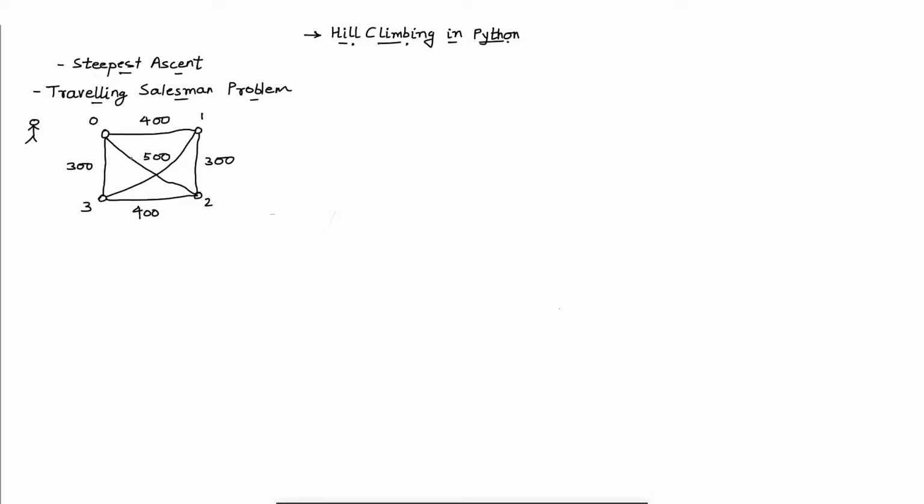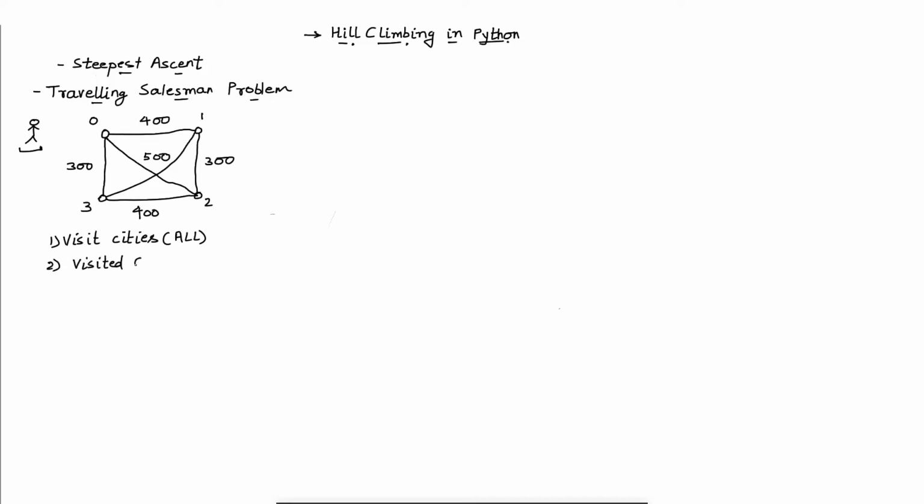What the salesman has to do is two things. First, visit all the cities, and remember that you cannot leave any city. The second important constraint is that every city is visited only once.